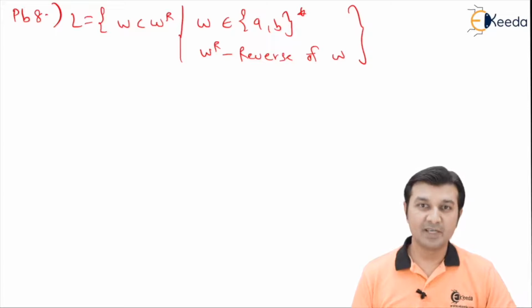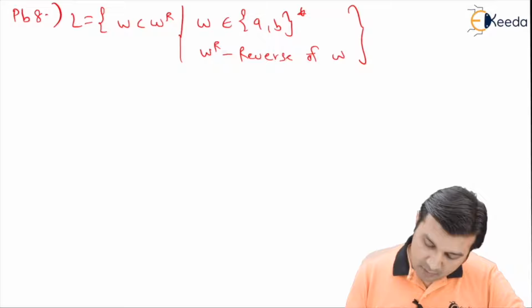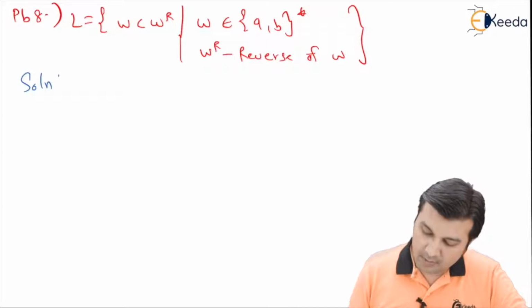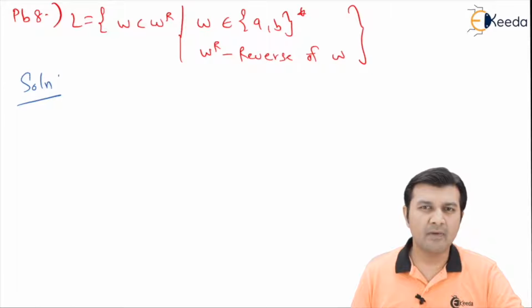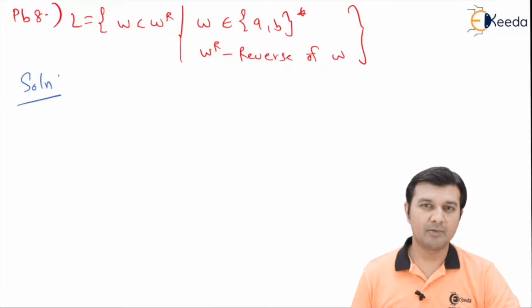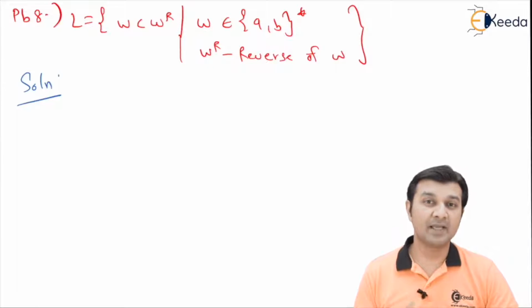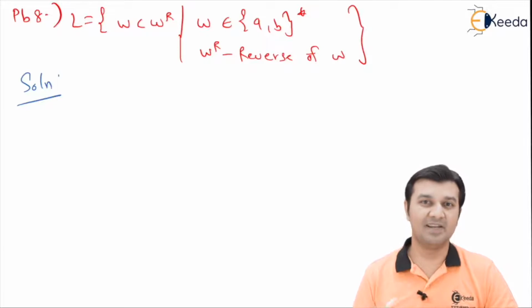So friends, if you observe the problem, it says the language L is equal to W C W^R where W belongs to (a,b)*. So (a,b)* means W can have any combination of a and b, and W^R is the reverse of W. In other words, it is saying that I have to design a PDA for accepting odd palindromes with C as the central element.